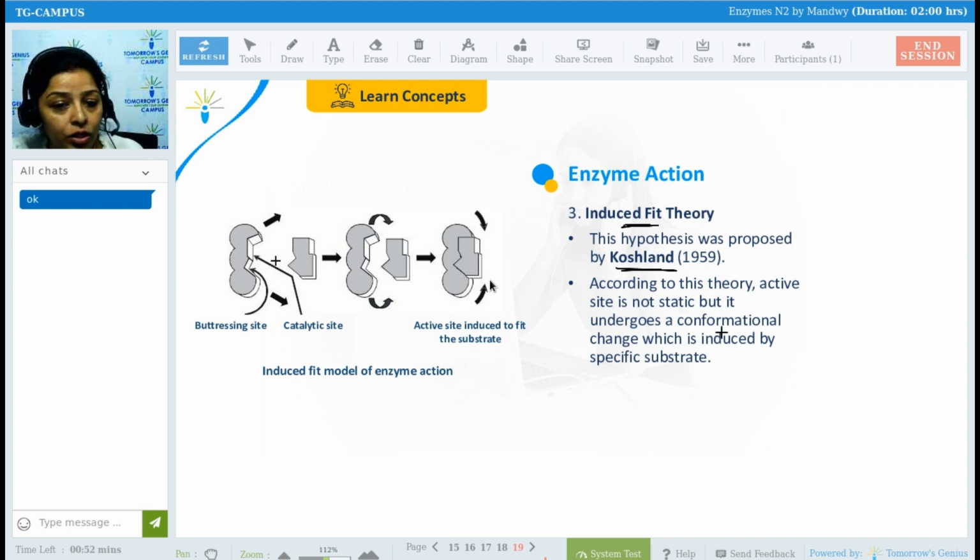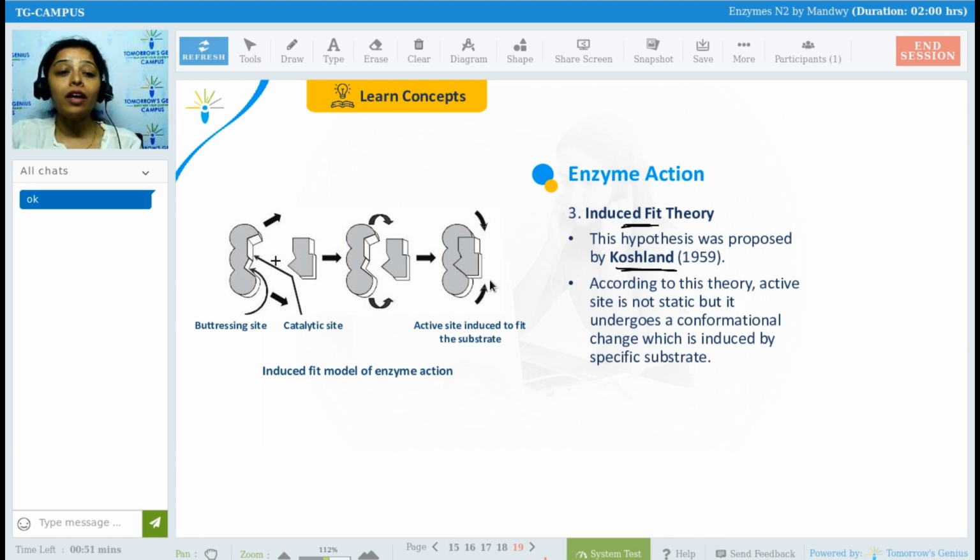It undergoes conformational changes so that the substrate will bind to this active site, which is not correct. The specific substrate as per its conformation will come and bind to that. The enzyme will not change its conformation as per the substrate, and that's why this is still a hypothesis.